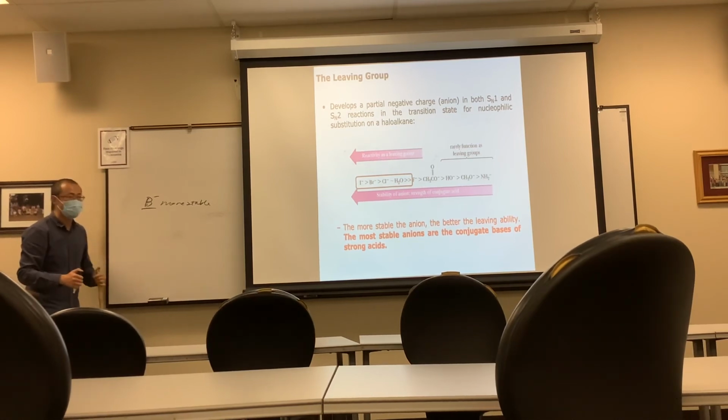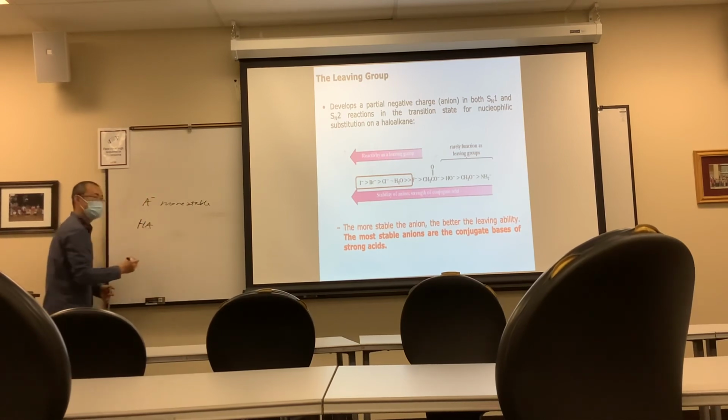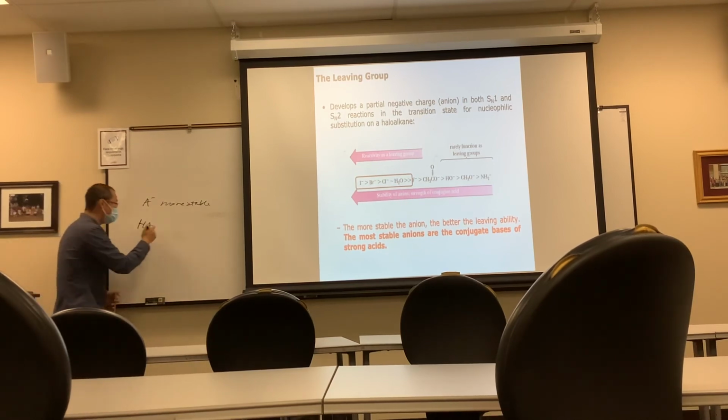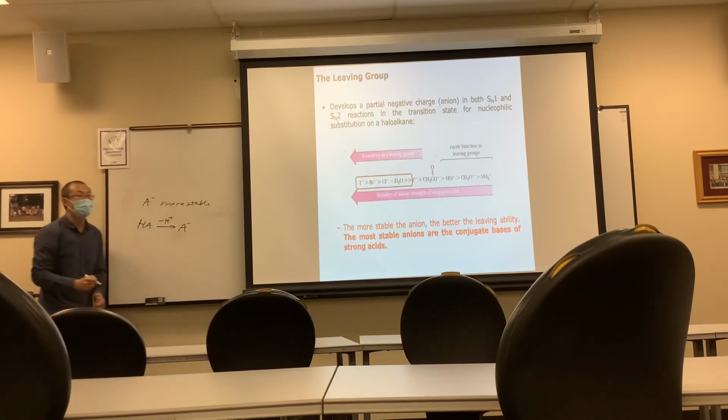Where do we see something minus? How do we get a minus? Base. Conjugate base of a what? Of an acid, right? What is an acid? Think about it. HA, is that right? If I have an acid, if I get a proton away, I get what? A minus. That's A minus.